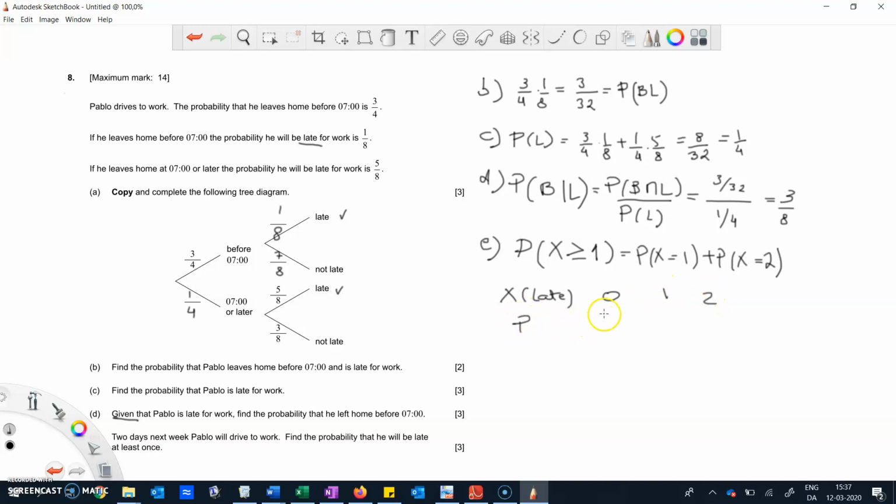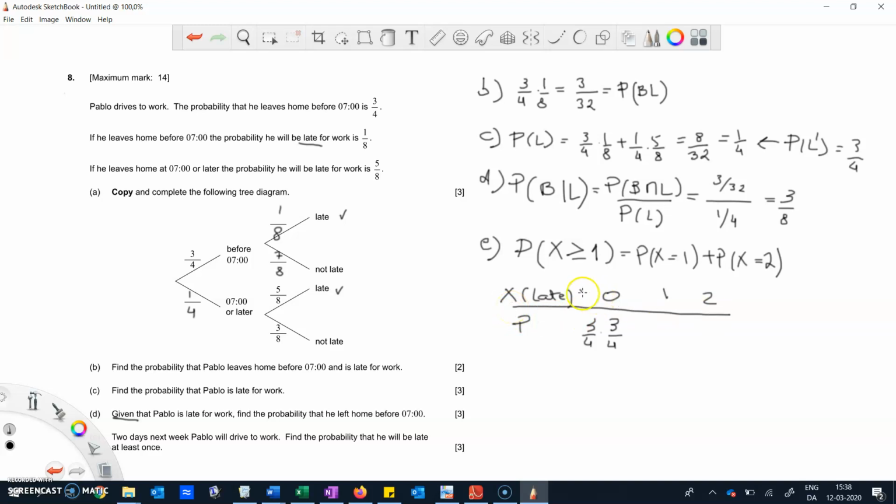And what's the probability? Well, the probability that he's not late, right? Let's read it from up here. The probability that he is late is 1 over 4. The probability that he is not late is 3 over 4. So it means that the probability of 0 lates is when he's not late the first time, 3 over 4, times the probability that he's not late the second time.